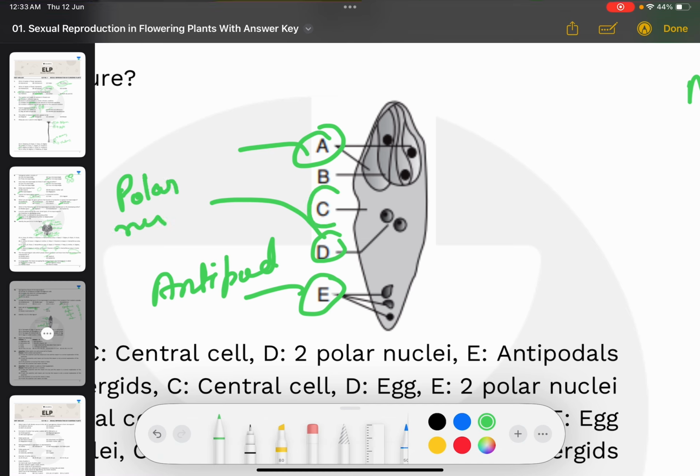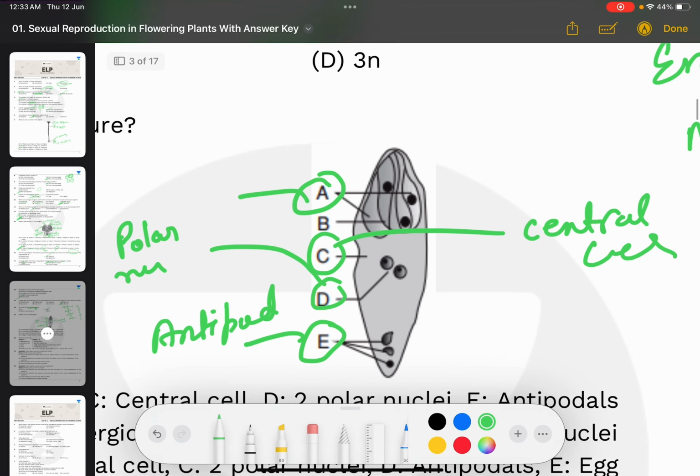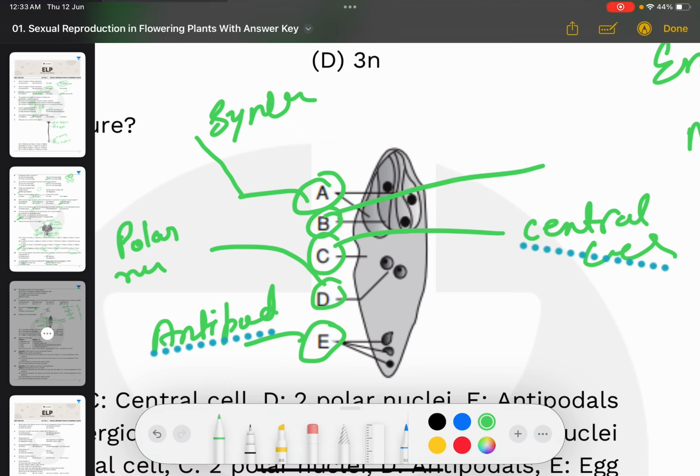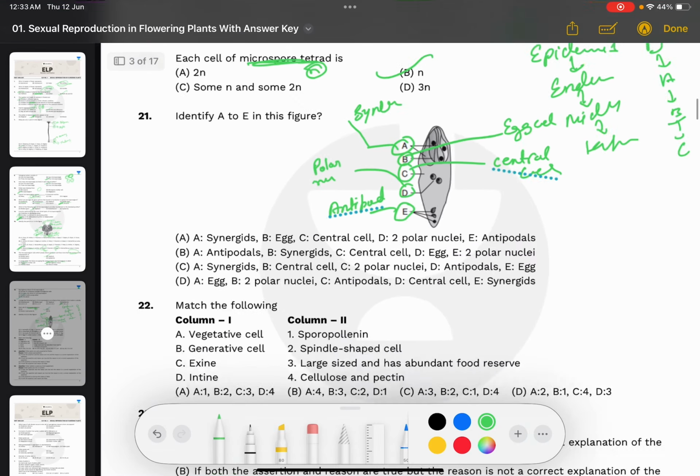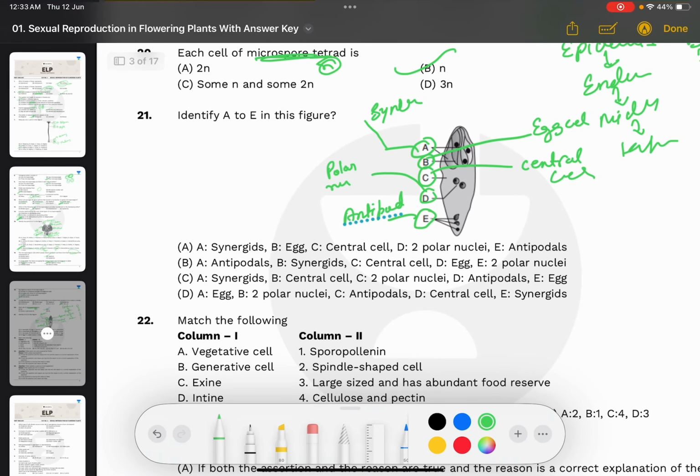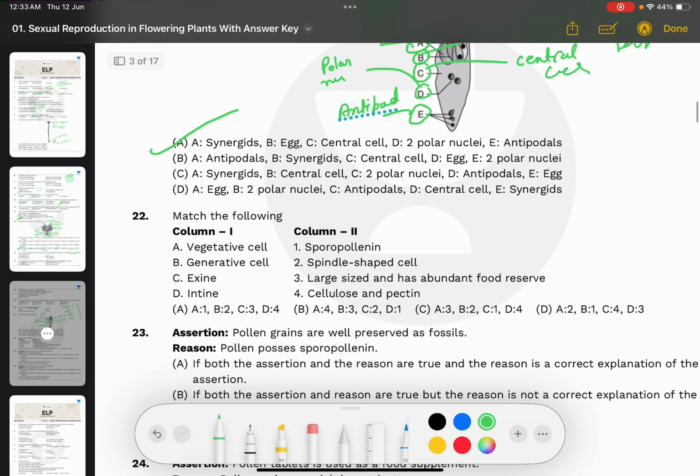The C we say is the central cell, and this A is synergid, and this B, very important, egg cell. So let me start once again. A is synergid, B egg, C central, D is polar nuclei, E is antipodal. A option is the correct one.